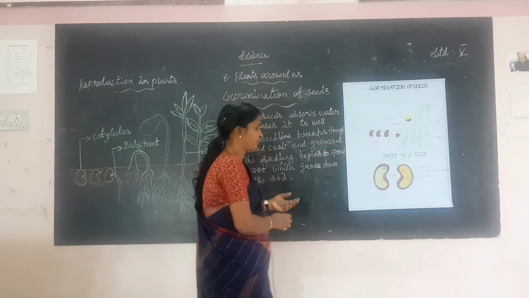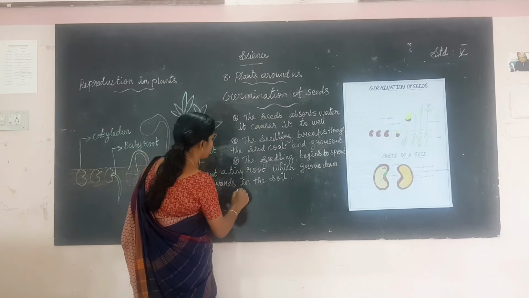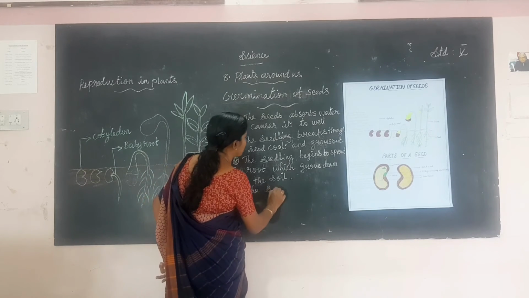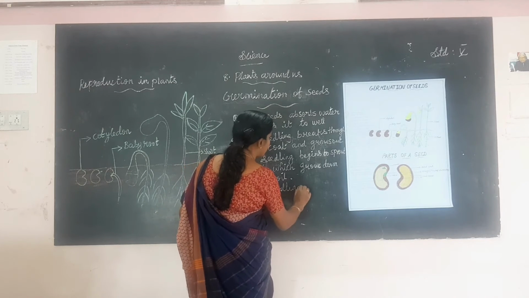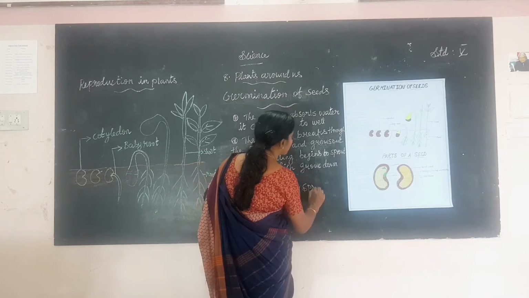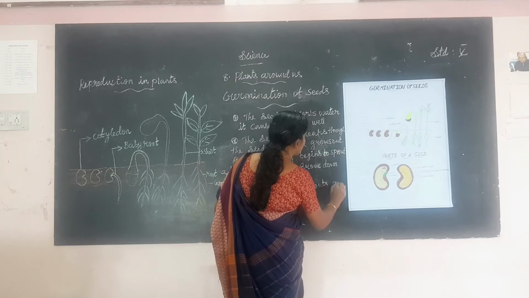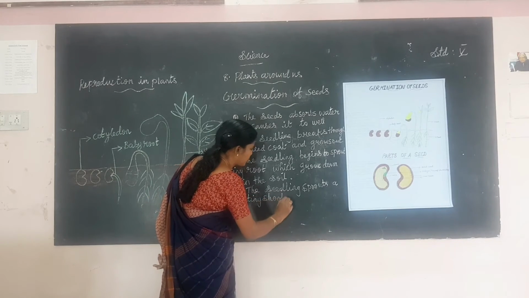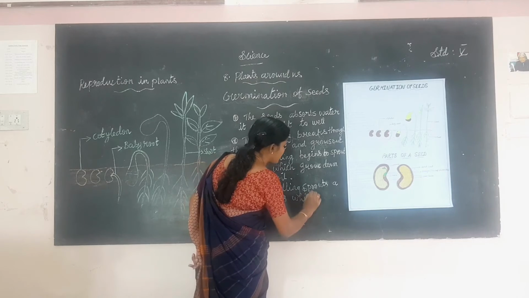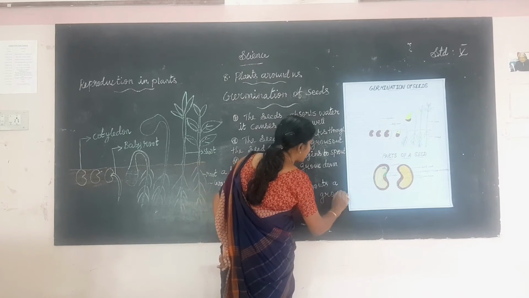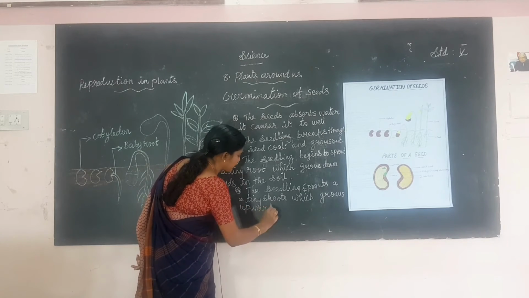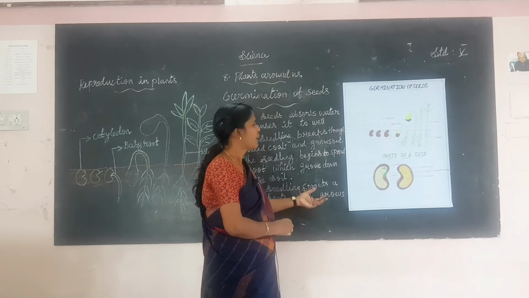The seedling sprouts a tiny shoot which grows upwards, along with it.